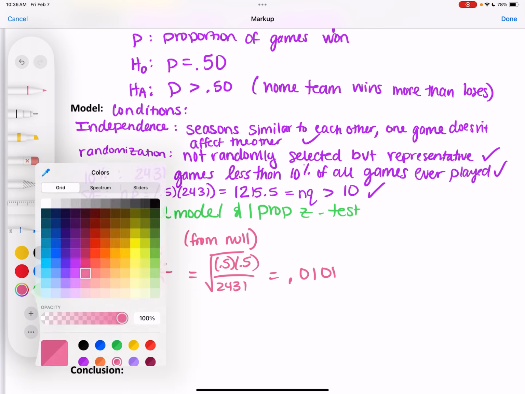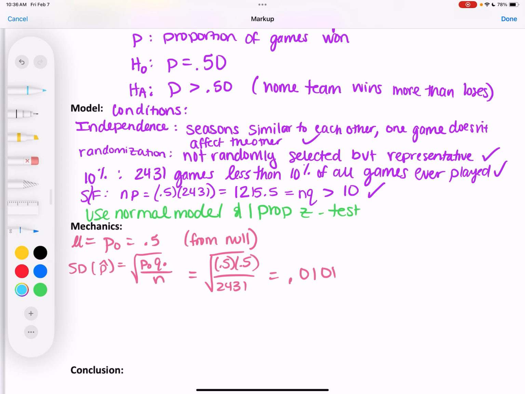So, let's see if this color shows up. Yeah, it does. So, one prop Z test.